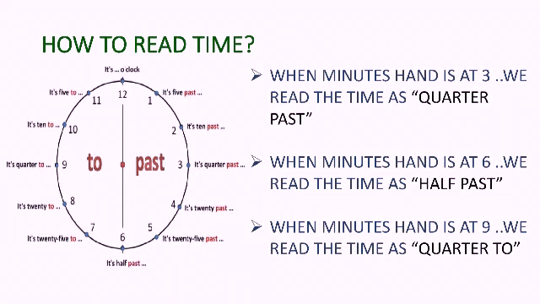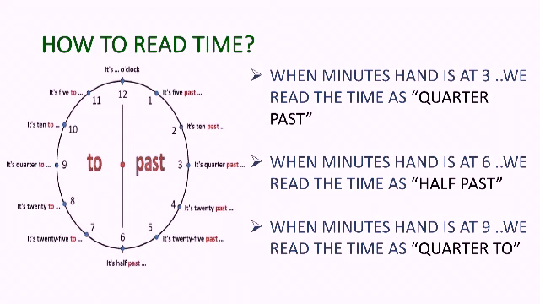Right? Now the hour, the smaller hand: the number to which the hour hand points is that hour of the day. What do I mean by that? Suppose the hour hand is pointing at 2. That means the time will be 2 o'clock, or 5 minutes past 2, or 45 minutes past 2.